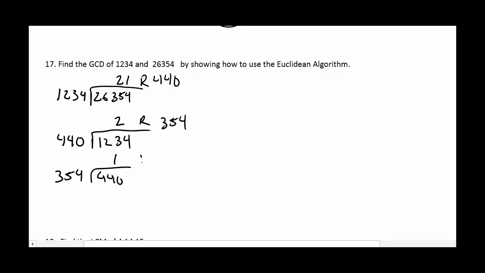354 does go into 440 once. The remainder is a little bit bigger than what I wrote. It's actually 86. Alright. So now 86 is going to go into 354. Let's see.